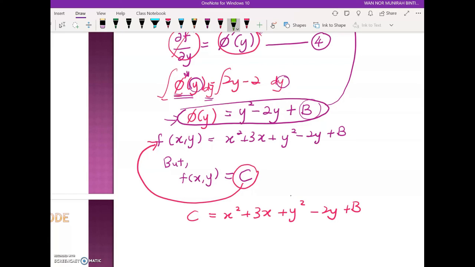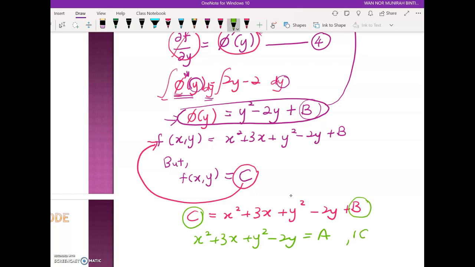So now we have two constants, b and c. If I bring them to the left, I have x squared plus 3x plus y squared minus 2y equals c minus b, which equals a, for example.